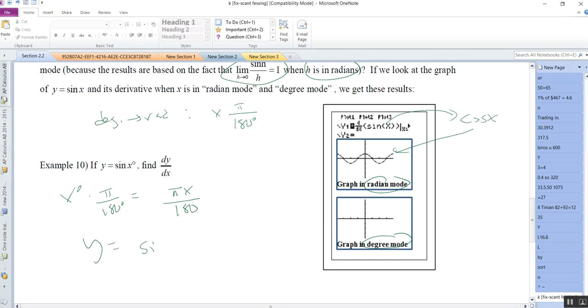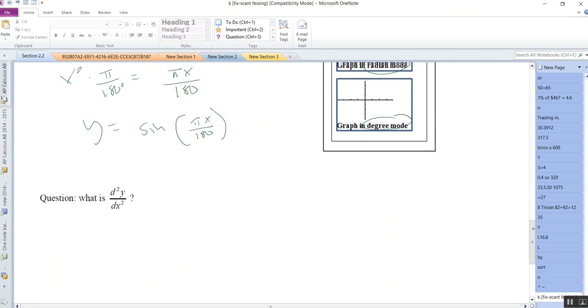Y equals sine of pi x over 180. If you were to take the derivative, that's all chain rule, so you have cosine of that. But you got to multiply by pi over 180, which is actually a pretty small number. So basically, that pi over 180 is like your amplitude, which is a really, really small number.